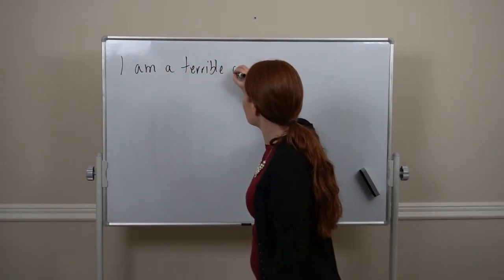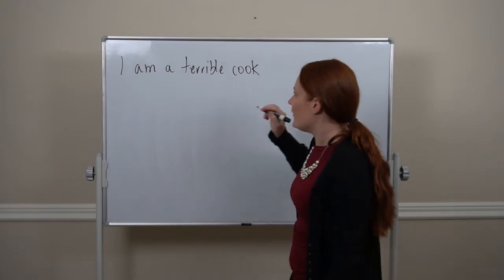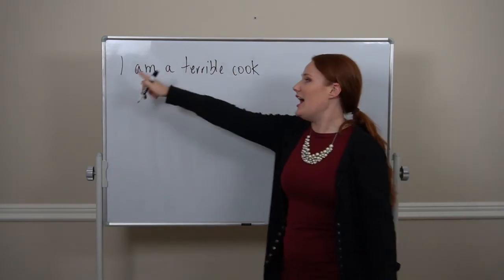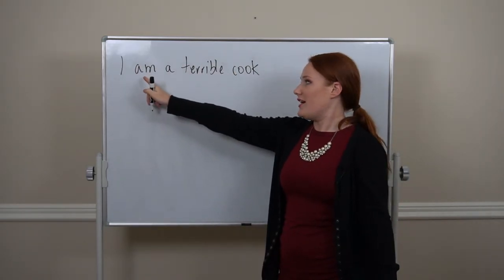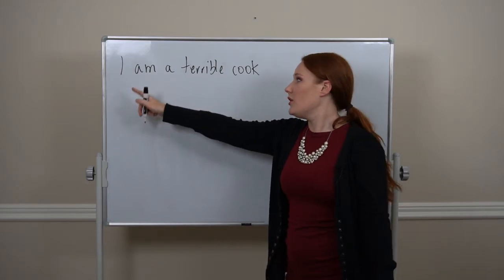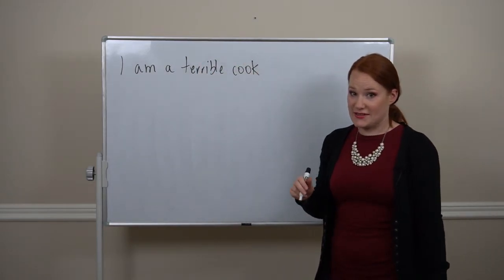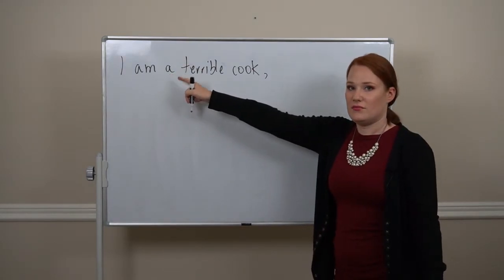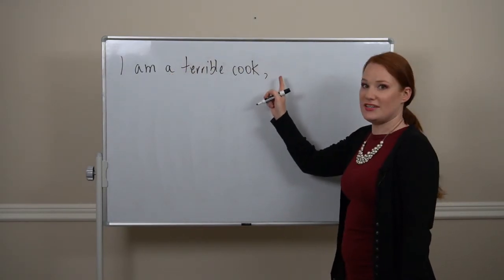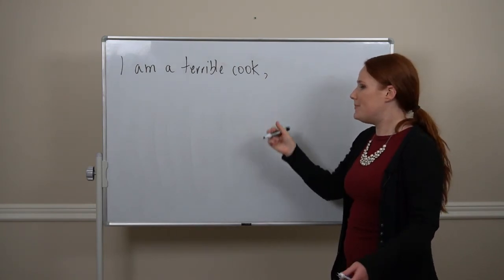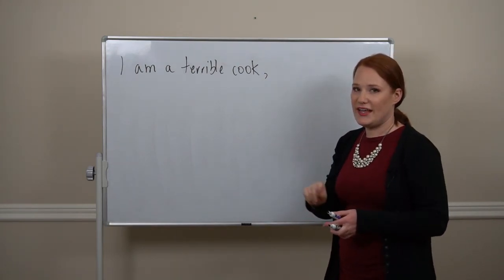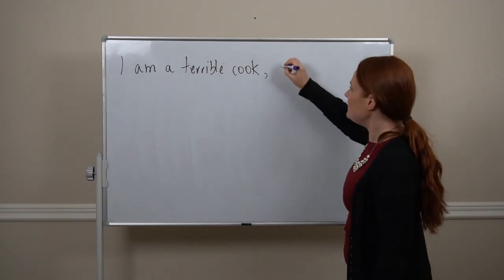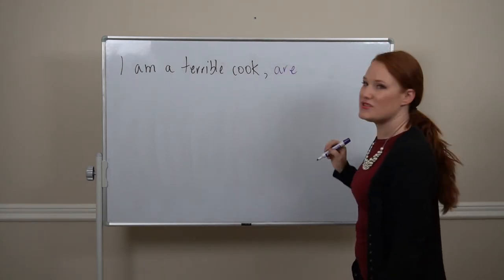I is the subject. We have am as the main verb. We're in present simple tense. Normally, we would take am or to be and we'd put it at the end. But in this one case, we won't use am. We use are.